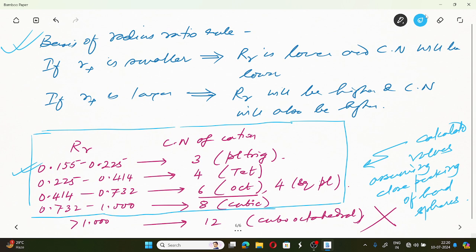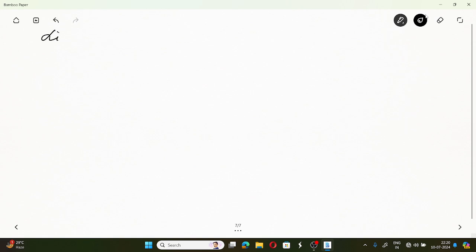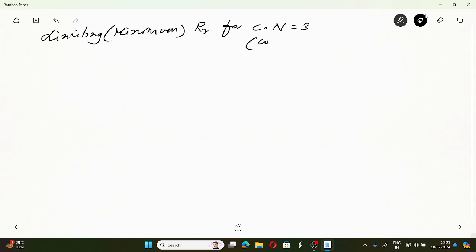Let us calculate the limiting, or minimum, radius ratio for coordination number equals 3. Of course, whatever we are doing is with respect to the cation. Limiting radius ratio with respect to cation.